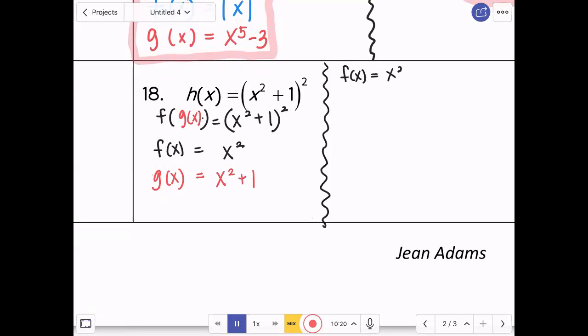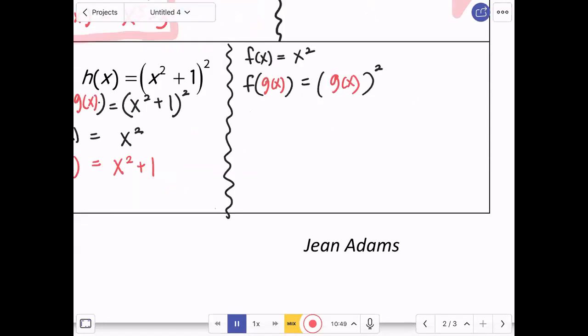f of x is x squared. Then f of g of x will be equal to, now I'm replacing x with g of x, g of x squared. And g of x was x squared plus 1.